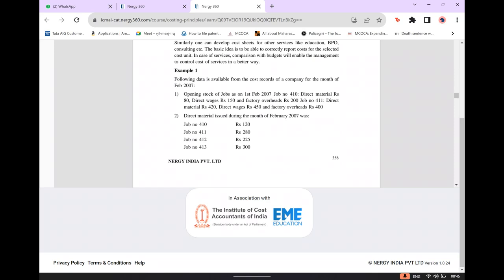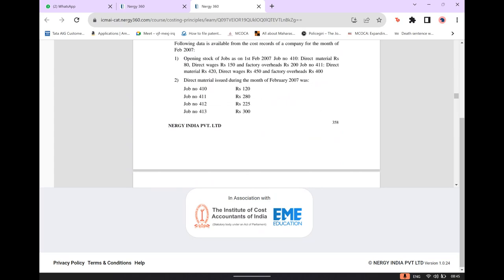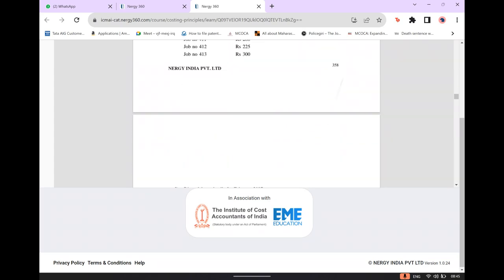So direct wages 150 and factory overhead 200. And for job 411, direct material is 420, direct wages is 450 and factory overhead is 400. Direct material issued in the month is for 410, 411, 412, 413. All of it they have given.